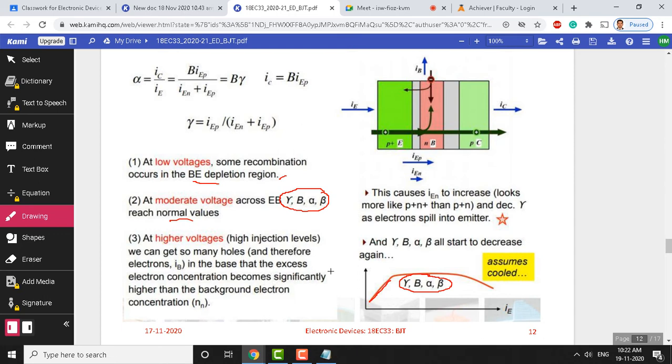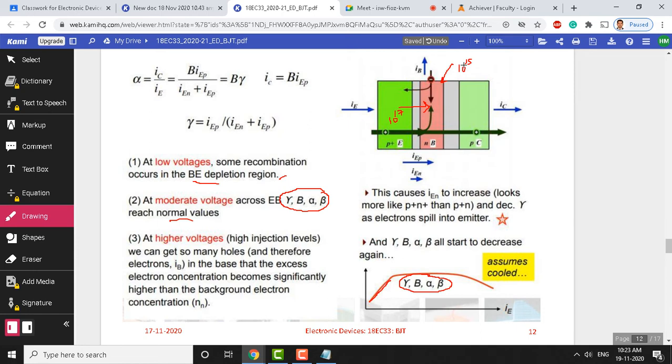As in the earlier example, suppose the emitter is doped with 10 to the power of 17 per cubic centimeter and the base doping level is 10 to the power of 15. Injection happens at this rate, but there are not sufficient electrons to match this level of injection at higher voltages.